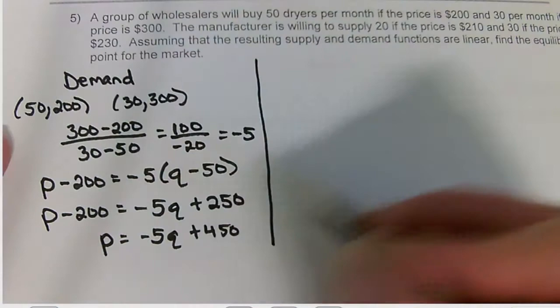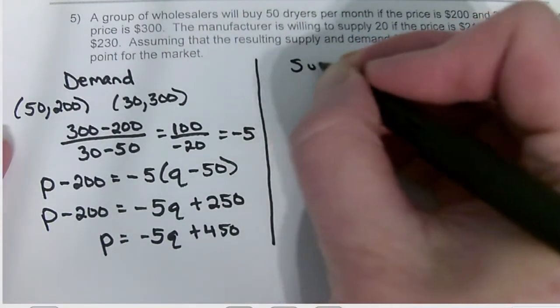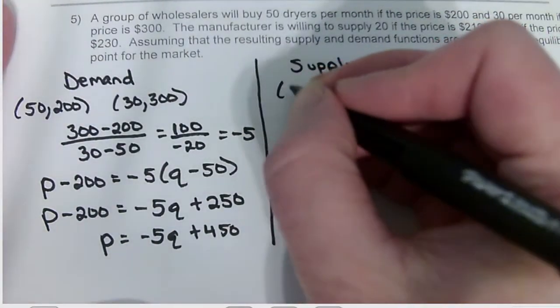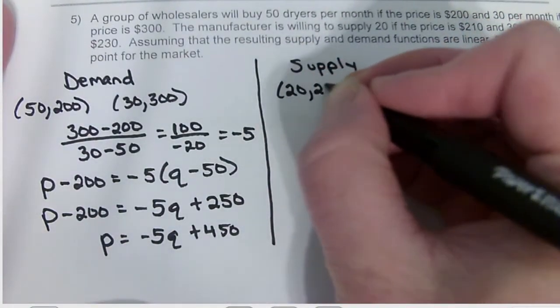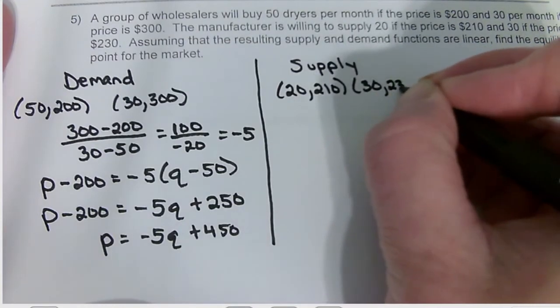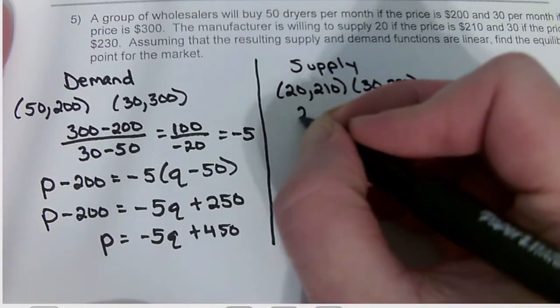Now I need to find my supply function. Same thing. We have 20 for 210 and 30 for 230. So we will find the slope.